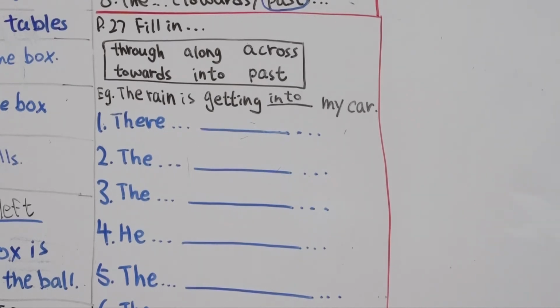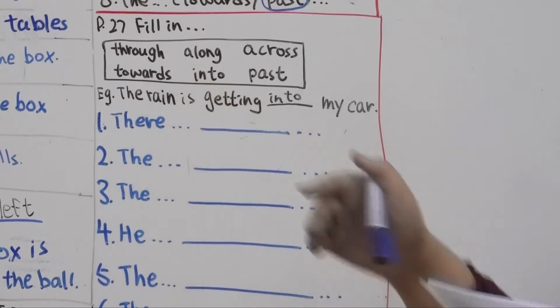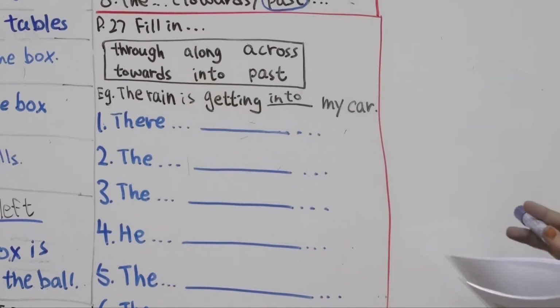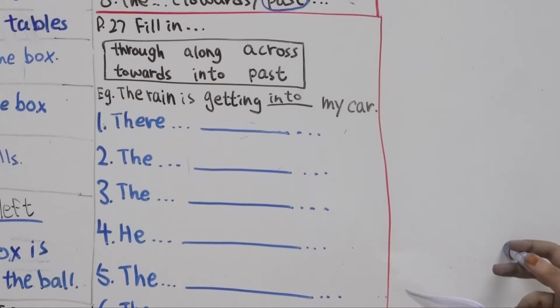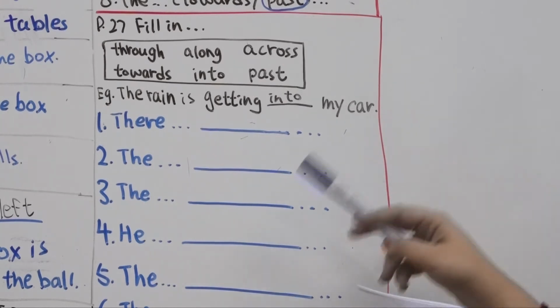There are interesting shops what's the street? There are interesting shops what's the street? Into, past, across, along, through, towards. So we can't use towards, right? Because there's no one or nothing going to something, right?